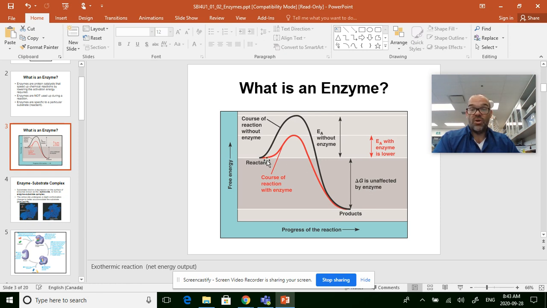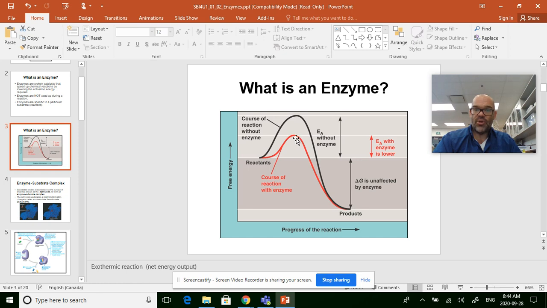What's different here, though, is the amount of energy that's required for that reaction to happen. Enzymes speed up the reaction generally, or I should say they allow the reaction to happen with lower energy inputs, which is important. So you can see with an enzyme, EA is your activation energy, right?